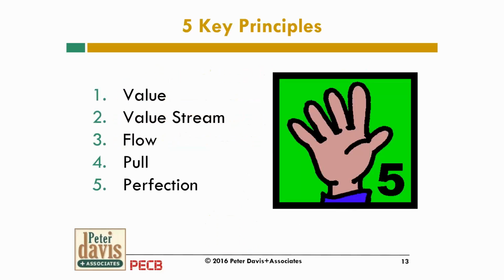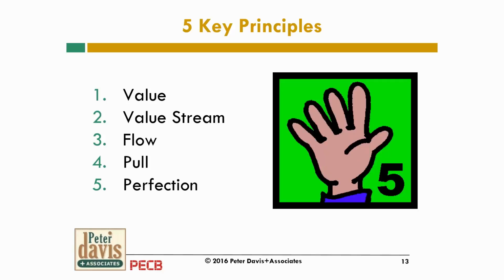In Lean, there are 5 key principles, and we'll talk about each one in detail, but just here are the 5. Value: we want to make sure that we understand what contributes to the product meeting the customer's need. What is it that meets the customer's need? And then we have to have actions that produce the service that the customer requires. We have to have flow. That means that the services should move constantly, flowing from the raw material, the inputs, to the outputs, whatever that finished product might be for our customer, that product or service.